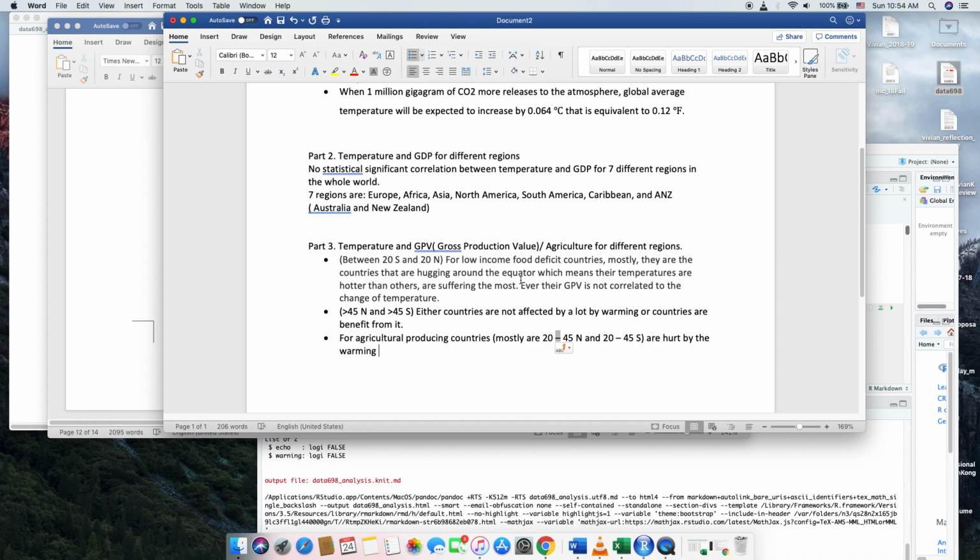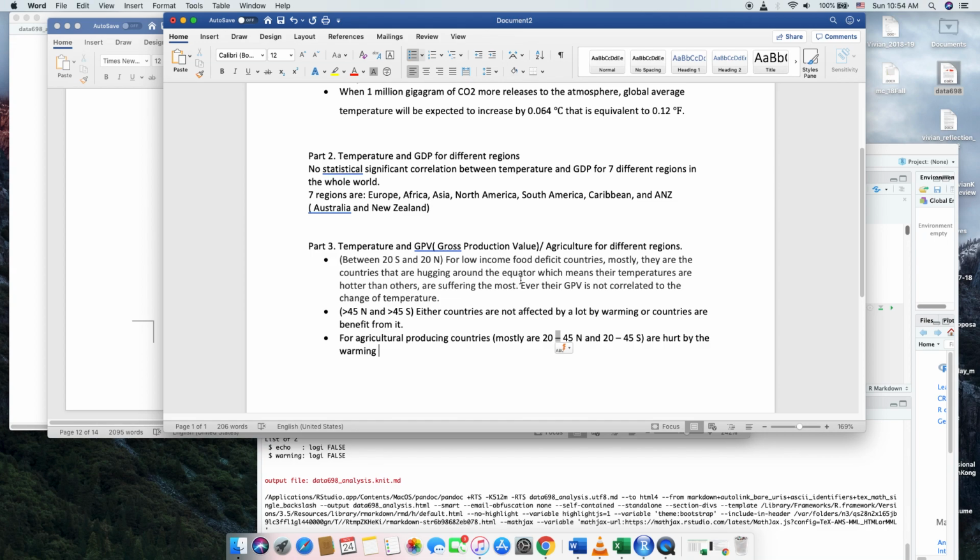agricultural output, they will still be the countries suffering the most, because they need to satisfy their people's daily needs, so they need to import food. And the problem here is, if other countries are suffering from the warming, then they are not going to get enough food.